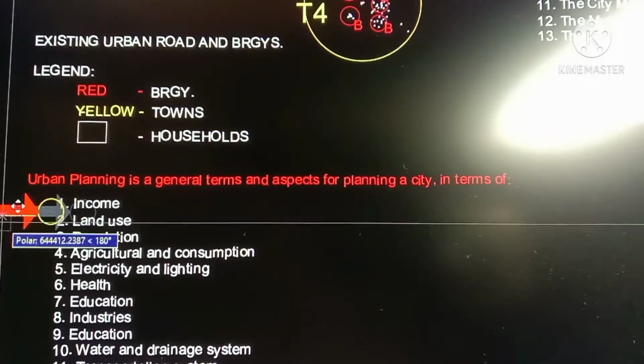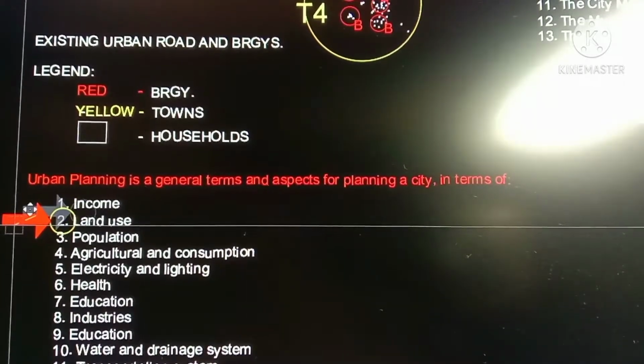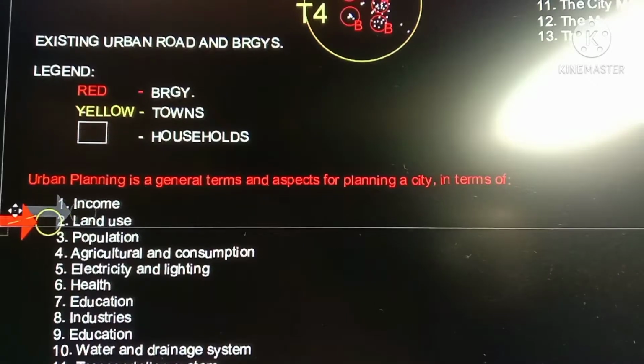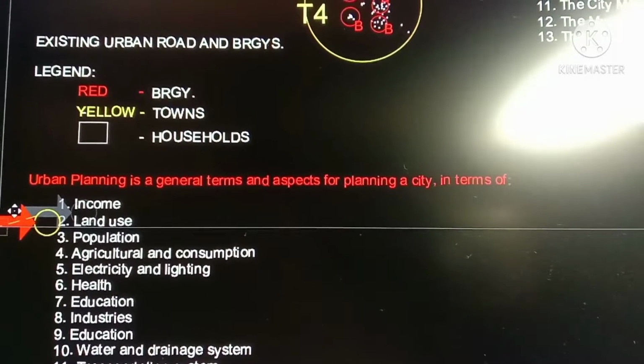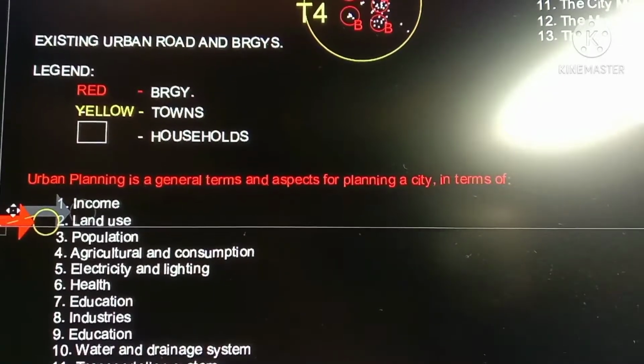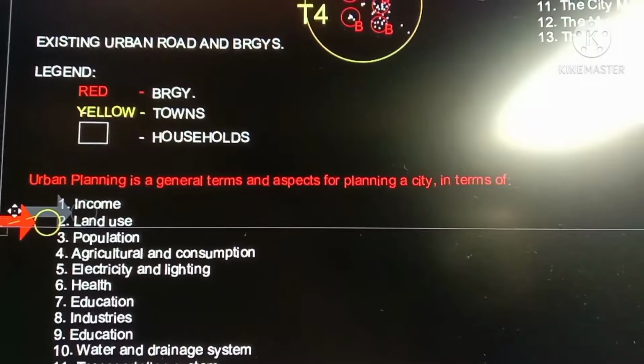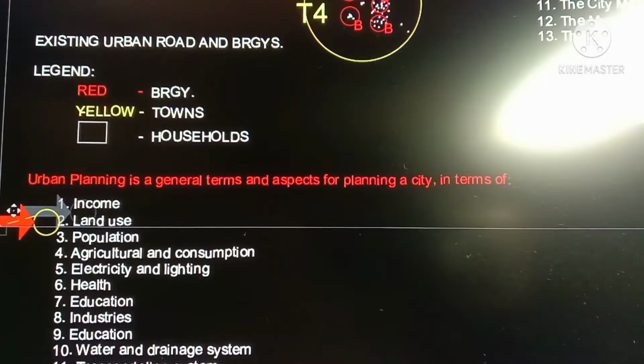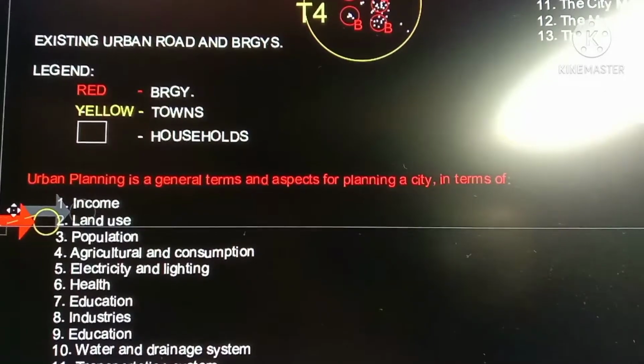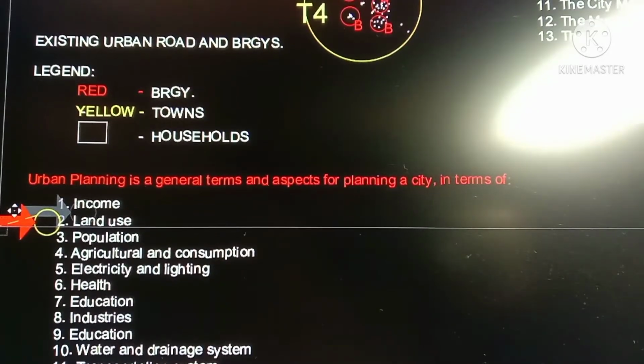The next requirement is land use. What is land use? Land use is the area development, like for example the roads. How do you arrange the roads, the orientations of the roads, and it also includes the buildings. There are different types of buildings: residential, commercial, institutional, industrial, and so forth.